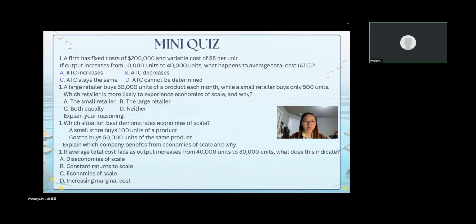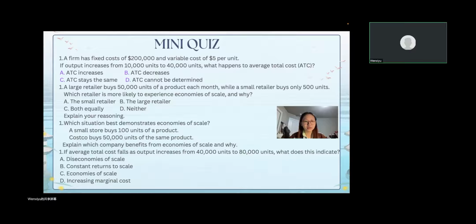Question 2. A large retailer buys 50,000 units each month, while a small retailer buys only 500 units. Which retailer is more likely to experience economies of scale? A common mistake is assuming that both retailers benefit equally. Question 3. Which situation better demonstrates economies of scale?